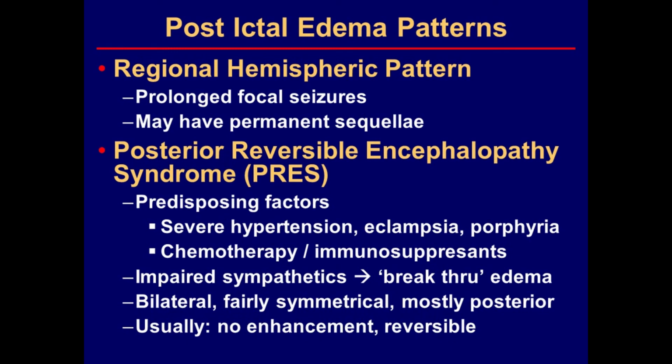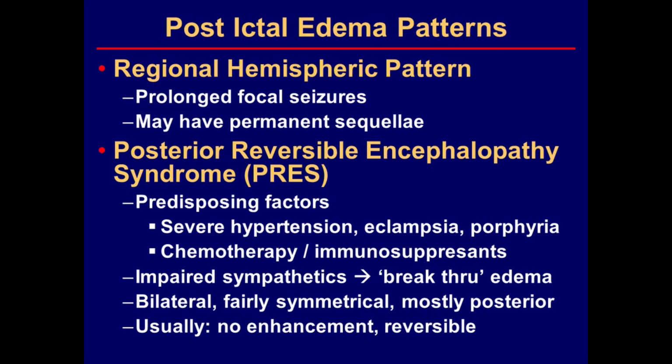Now, PRES, you may be aware, is usually seen in patients who are not healthy patients. They're usually people on medications such as chemotherapy, anti-rejection medicines for transplant situations, or a patient with malignant hypertension or eclampsia.